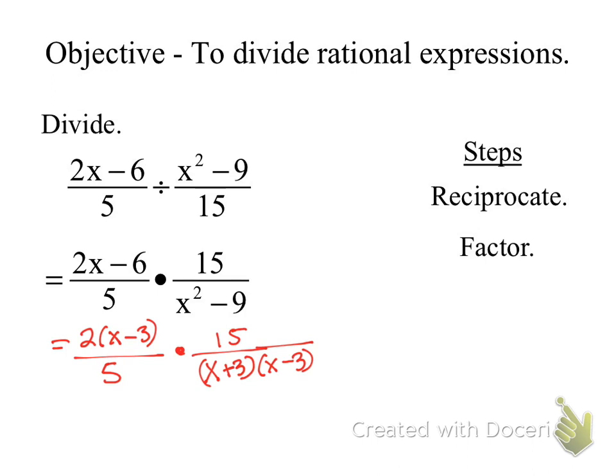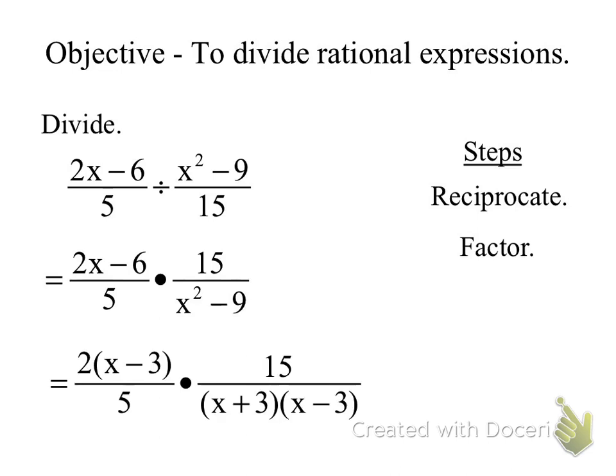Now, what would be the last thing we do? Then you would have to multiply across. Not yet. Cross cancel. We're going to reduce the fraction and then multiply. So I'm going to cross cancel. We have an x minus 3. We can take out a 5 and I'm left with 1. And here I'm left with 3.